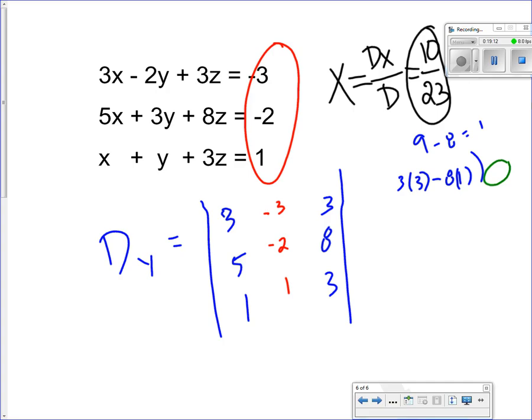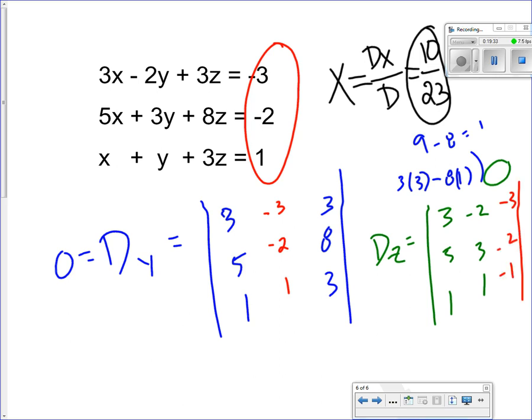And you should get that the determinant here is 0. And then for the z matrix, first 2 columns will stay the same. The last column is getting replaced with the constants. And you should get a determinant here of 23.